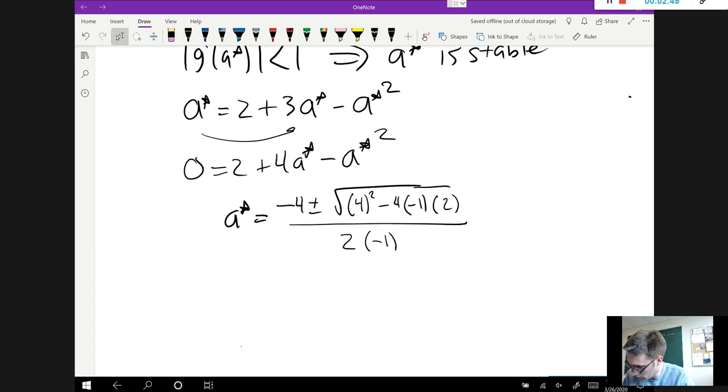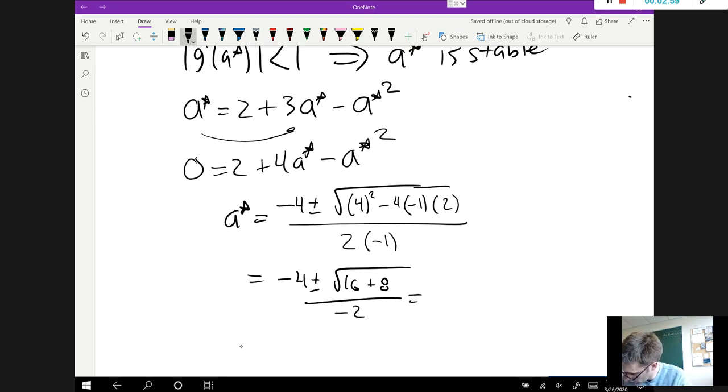And in this case, we will have minus 4 plus or minus the square root of 16 plus 8, all over negative 2. Or we could write that as 2 plus or minus the square root of 24 over 2. And notice I've dropped the minus from the denominator because plus or minus encompasses both signs. Whether I include the minus or not just changes the order, and that order is really not relevant. All right, so those are our fixed points.